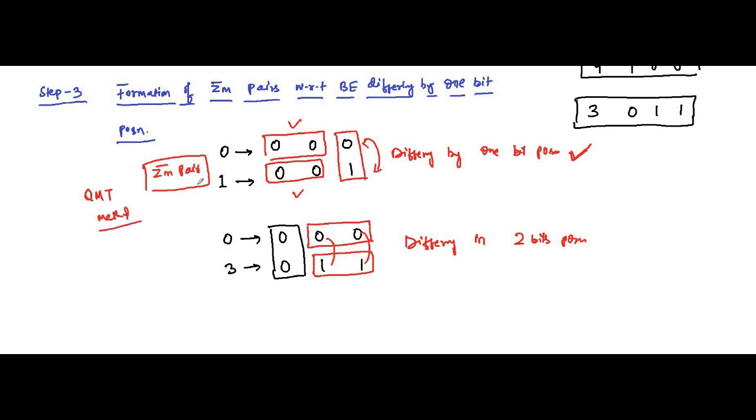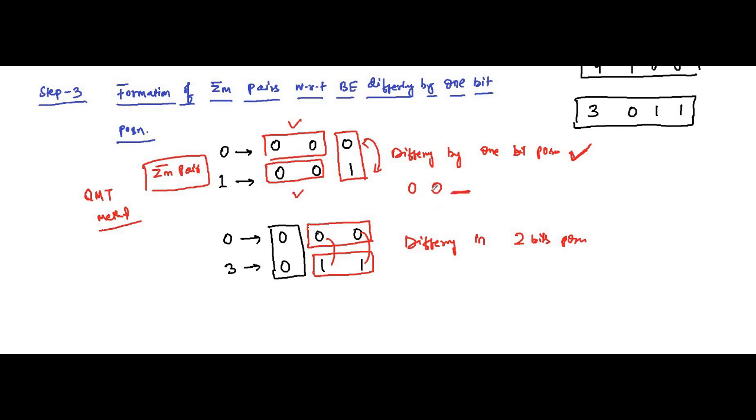This is called forming a Minterm pair, differing by 1 bit in only one position. If they differ in only 1 bit position, we keep the similar bits as they are, and the position where it is differing, we replace with a blank space, a dash.